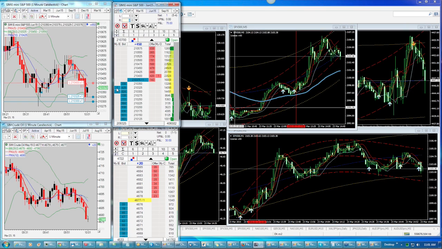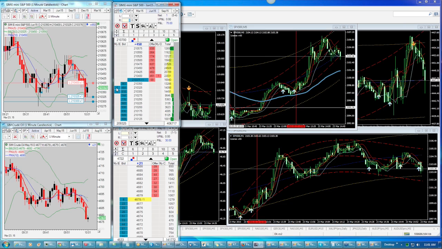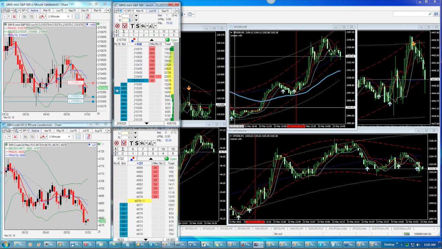Guess I can't get any. You'd like to make 2 ticks, but I feel like there's a little bit of downside momentum coming now, so if I can make 1 tick, that's fine. Money's money, right?